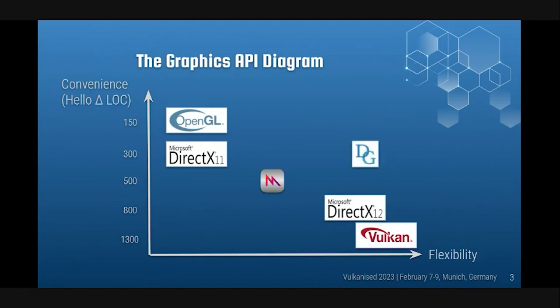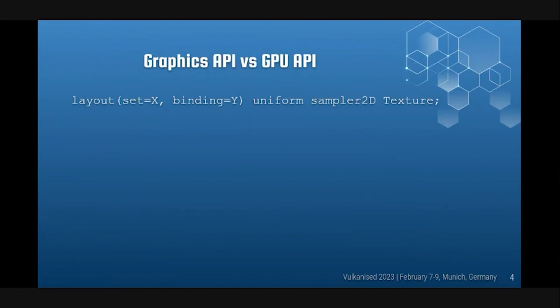And what we try to achieve with Diligent is to find an API that at the same time is as flexible and as powerful as Vulkan, but at the same time is as easy to use as DirectX 11.